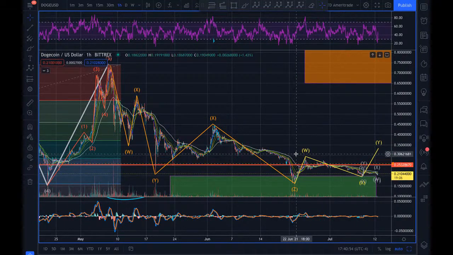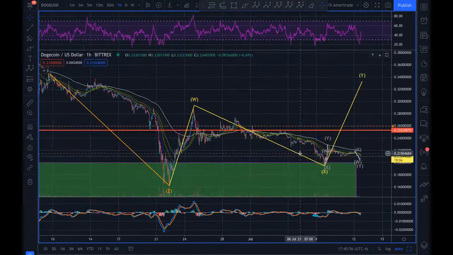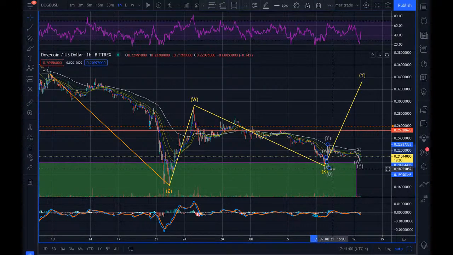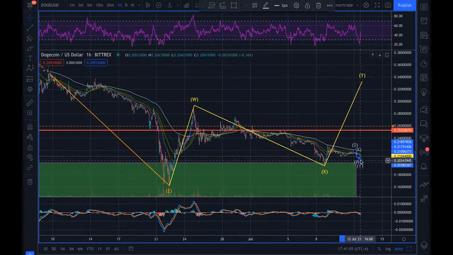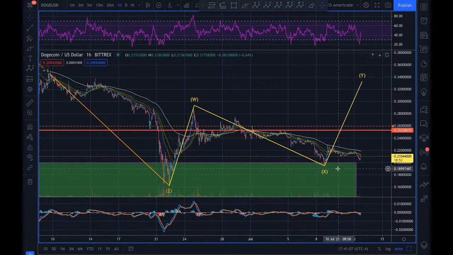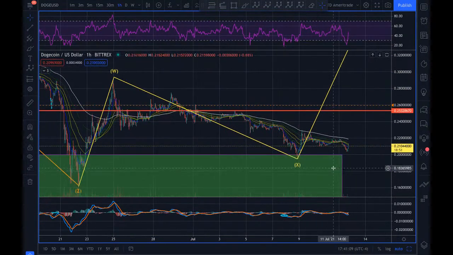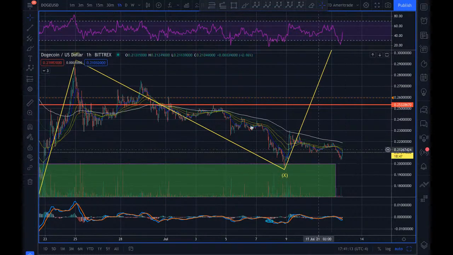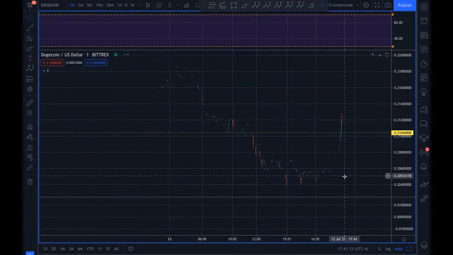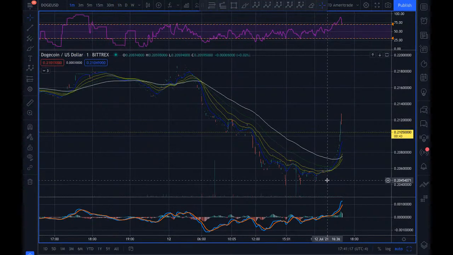But anyway, we're still kind of waiting for this lingering wave. This is just sideways and overlapping, all the reasons that everyone hates to trade in a bear market. But what we do have here is we had a buy signal earlier, and that's a buy signal for me.